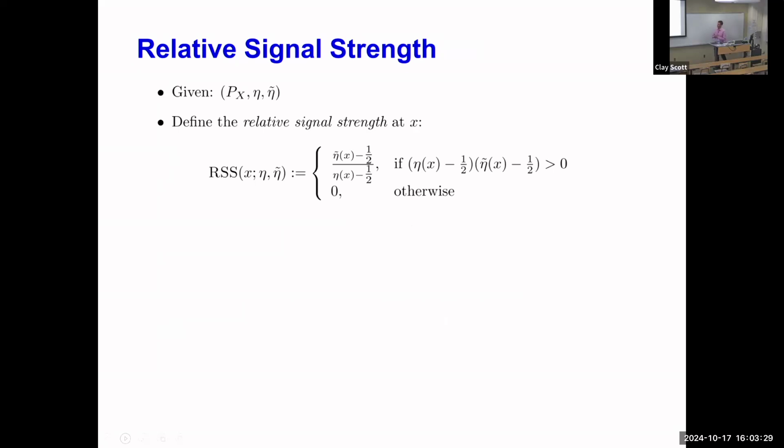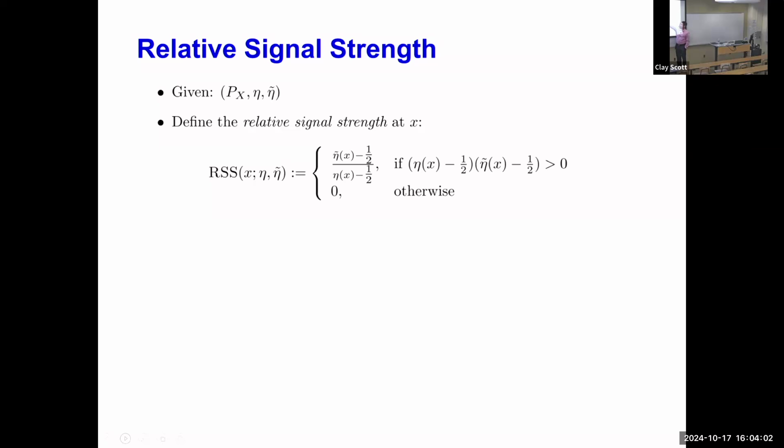Given a triple, this is basically a posterior drift problem defined by P_X, eta, and eta tilde. We define the relative signal strength at x in a case-wise manner. The first case is when the noisy and clean Bayes classifiers agree.